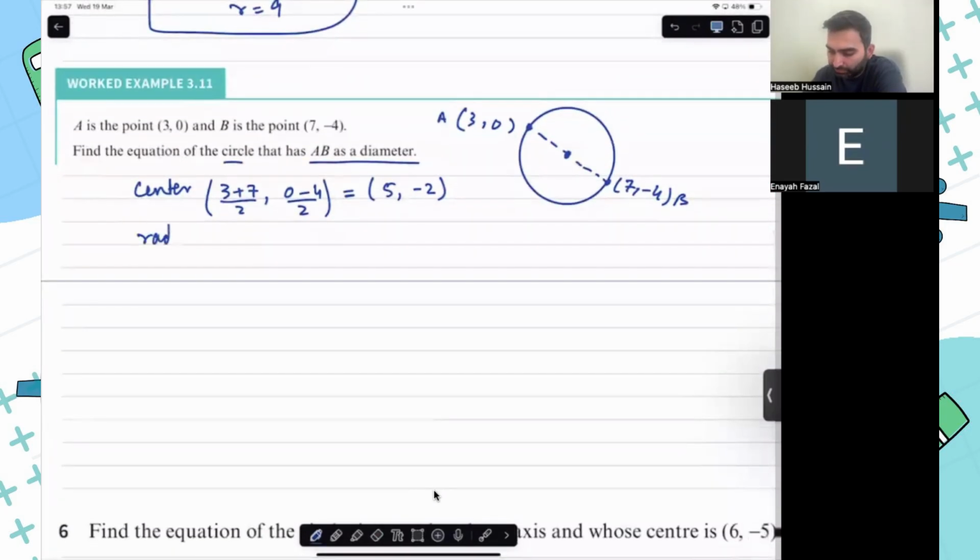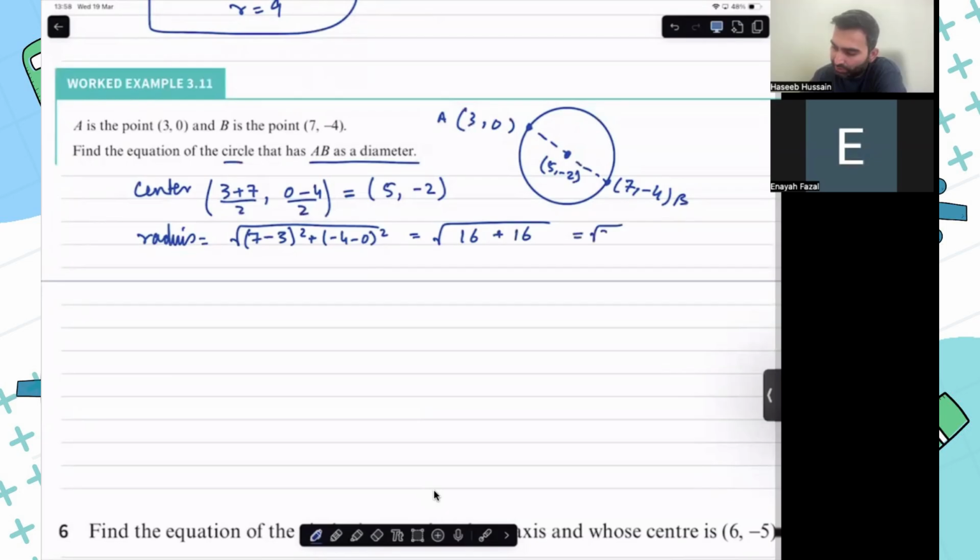Radius, however, is going to be the diameter divided by 2, or you can find the center's distance from any one of the points. Just for the sake of it, 7 minus 3 whole square plus negative 4 minus 0 whole square. So 7 minus 3 is 4, square is 16, plus 16 is root 32. Get it?